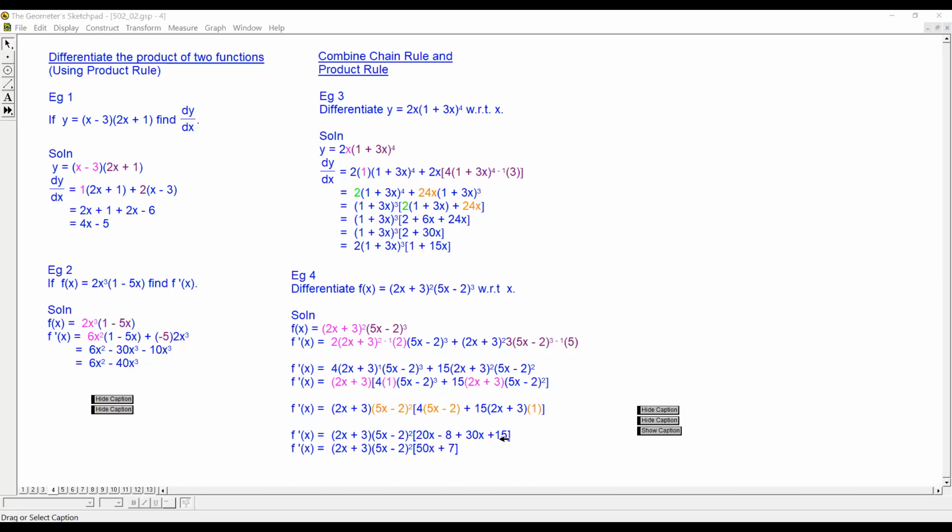Negative 8 and positive 15, positive 7. Okay? So that's how you simplify.